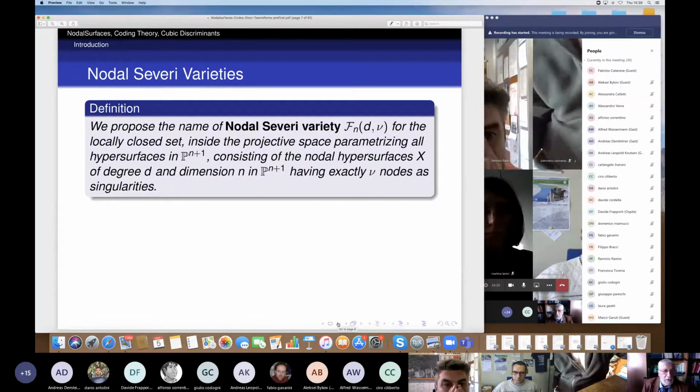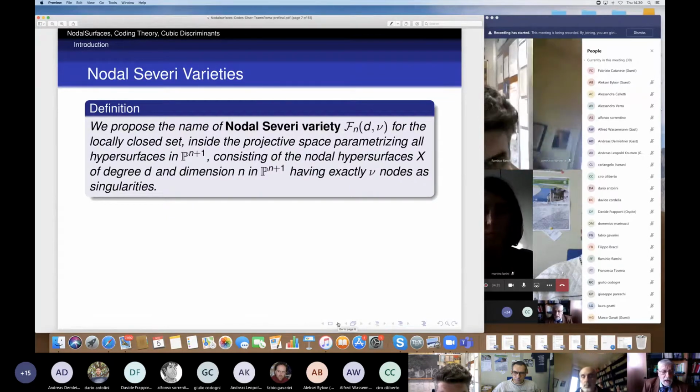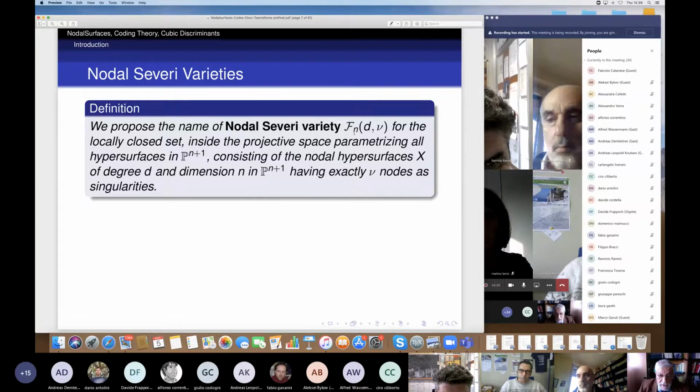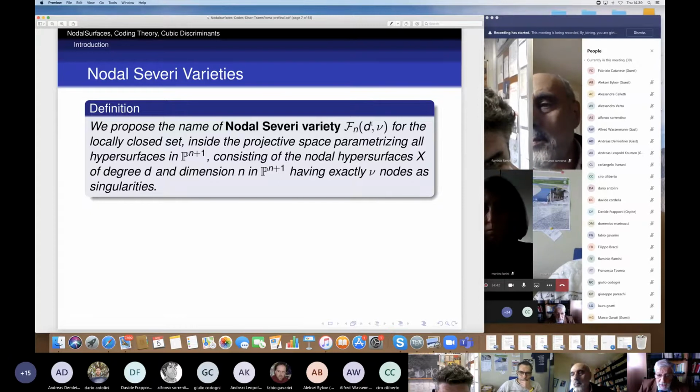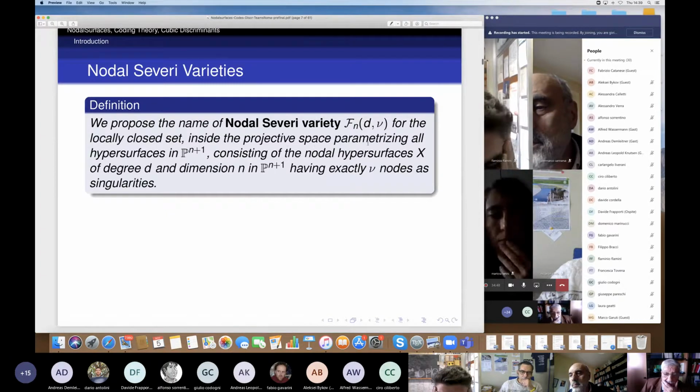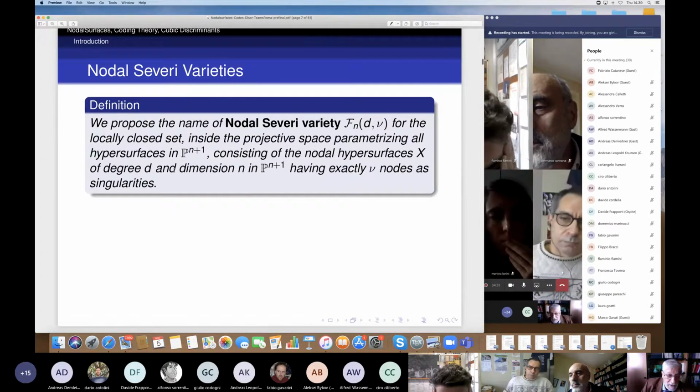Now we go to the name. I propose a new name, Nodal Severi Variety. F stands for family, n stands for the dimension, d for the degree, and the last n for the number of nodes. We take inside the projective space parametrizing all hypersurfaces.